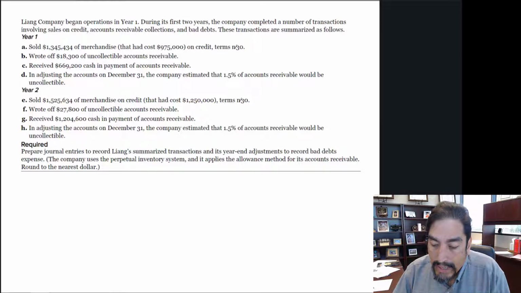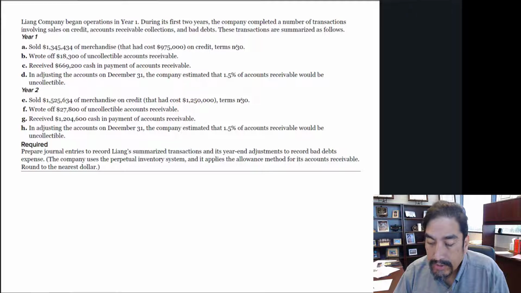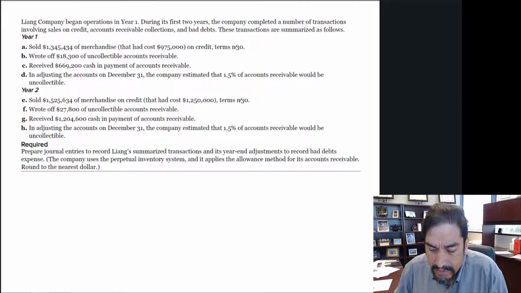We began operations in year 1. During our first 2 years, we have a number of transactions involving sales on credit, accounts receivable collection, and bad debts. Transactions are summarized as follows. So we've got year 1 activity and year 2 activity, and it looks very similar.